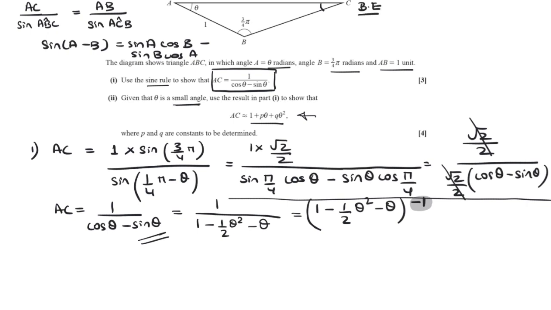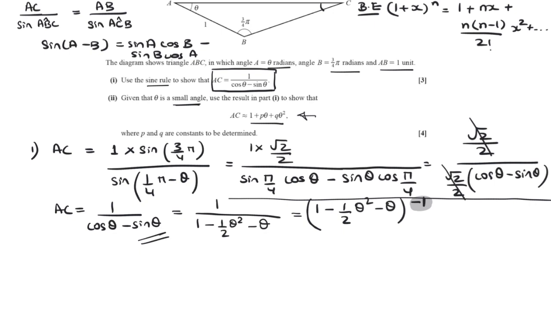The binomial expansion in year 2 is slightly different when it comes to negative powers. If you have 1 plus x to the power of n, it's given as 1 plus nx plus n times n minus 1 over 2 factorial x squared, and so on, where n could be fractional or negative. We're going to use that expansion here.